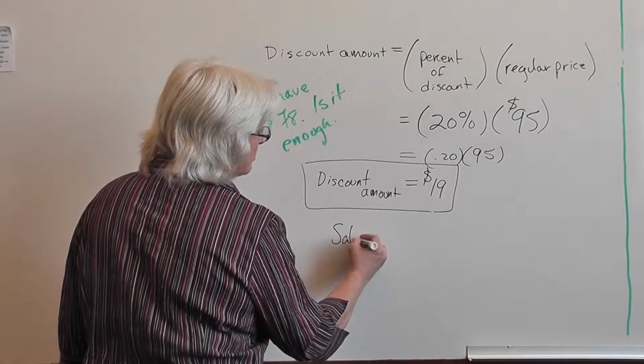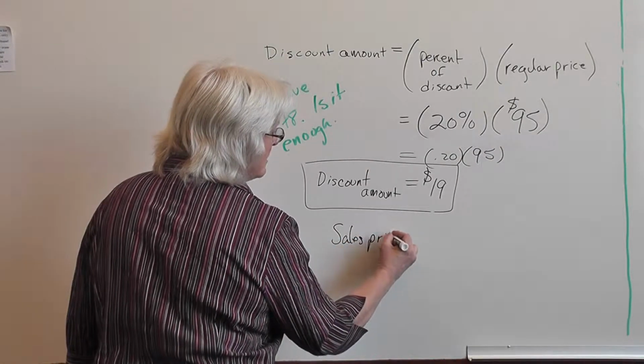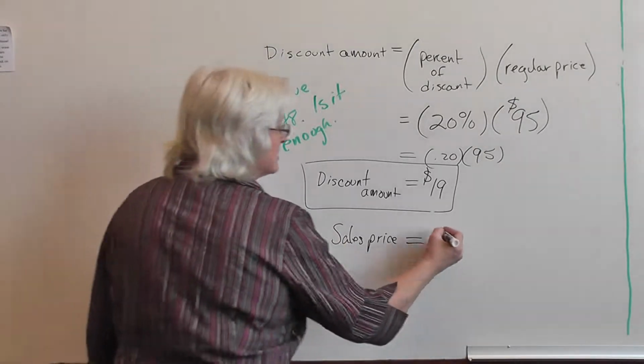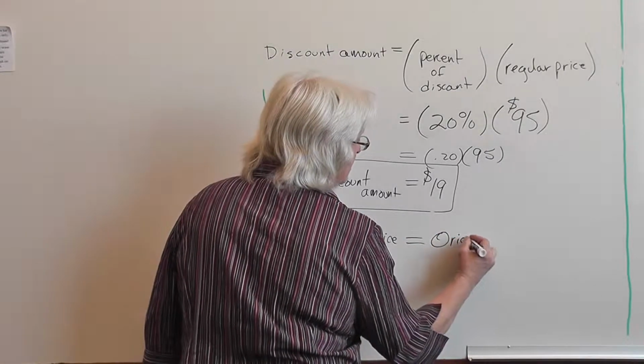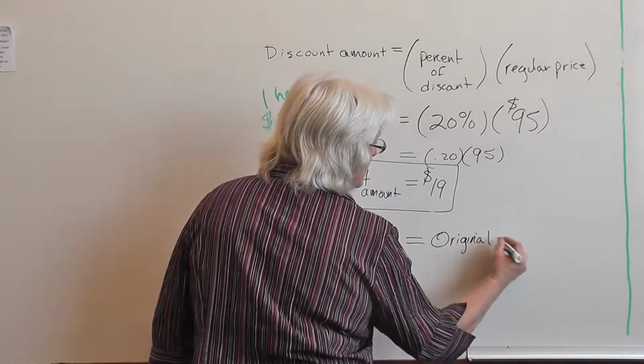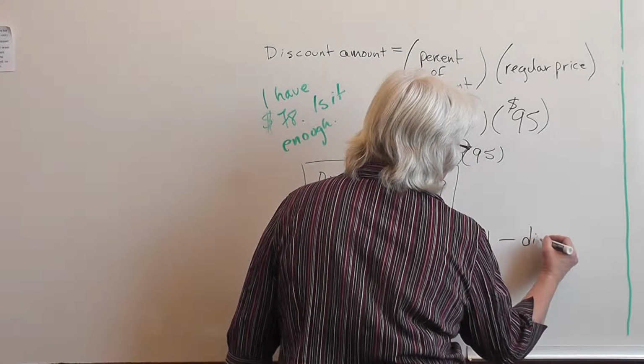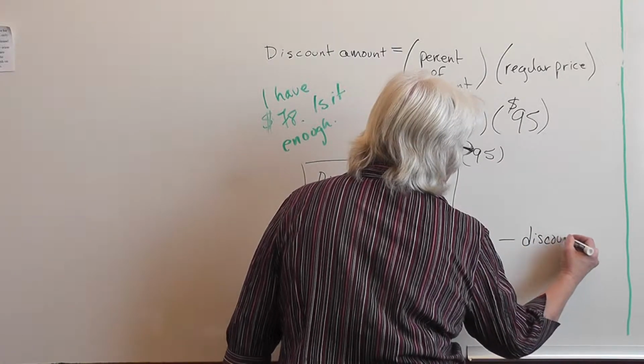So the sales price is always going to be the original amount less any discounts. Original amount minus discounts.